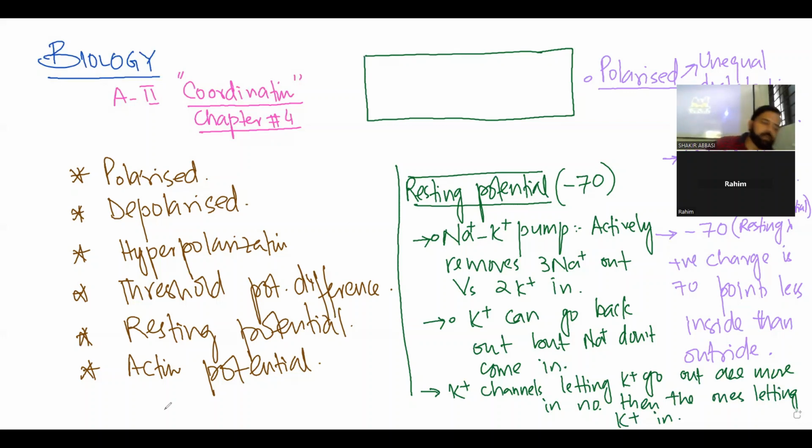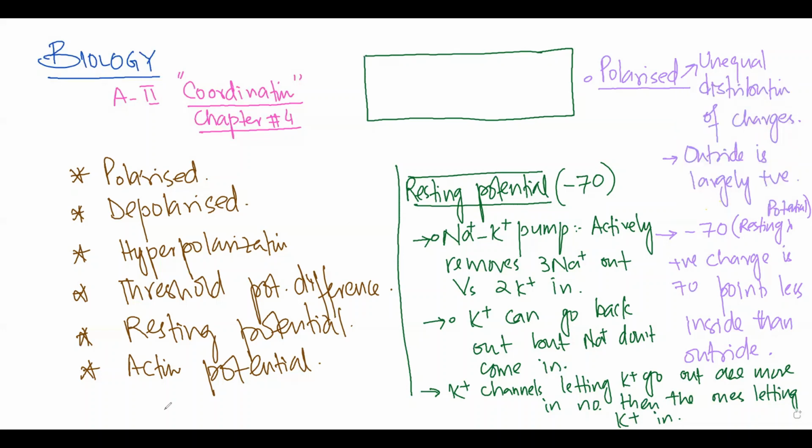Third point is that there are potassium channels, the proteins which transport potassium. There are 2 types: one which lets potassium move in and ones which let potassium go out. The potassium channels which let potassium ions go out are more in quantity than the channel proteins which let potassium come in. So which channels are more, the ones which take potassium out or in? Out. So obviously this also means that outside positivity is favored. Got it?